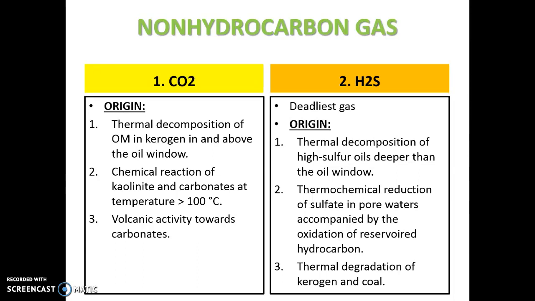It also originates from the chemical reactions of kaolinites and carbonates at temperature more than 100 degrees centigrade. When kaolinites and carbonates are decomposed, they will form chlorides and carbon dioxide. Carbon dioxide also can come from volcanic activity towards carbonate, that occurs when high temperature magma penetrates the carbonate rocks, and then carbonate decomposes and gives off carbon dioxide, which later migrates and is trapped in the reservoir by nearby structure.